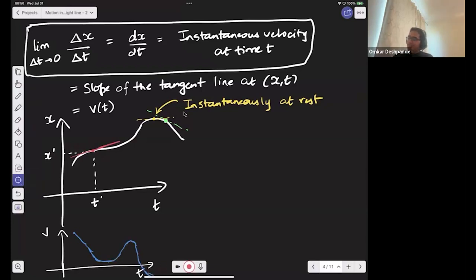So I'm just drawing a crude v-t graph, just following the shape. You just ask yourself, what's the slope here? Is it positive, negative, strongly negative? And based on that, you draw some kind of a crude v-t graph. So you can get the v-t graph from the x-t graph visually like this, although in a crude way.